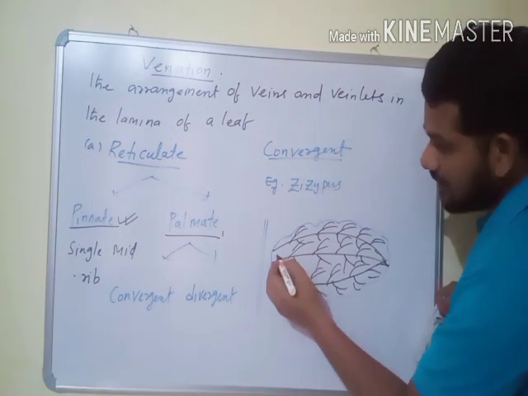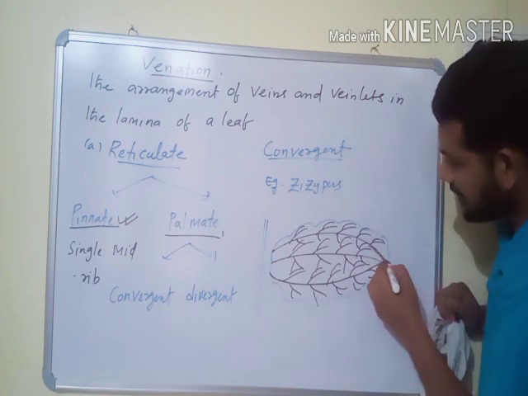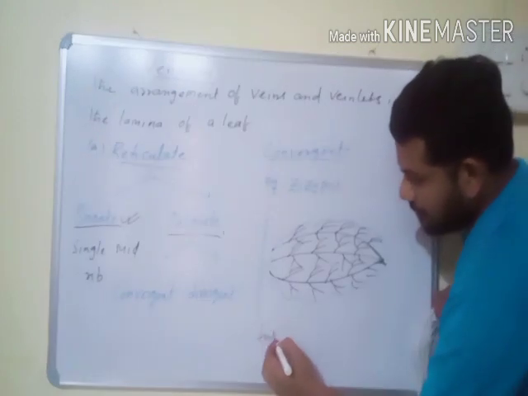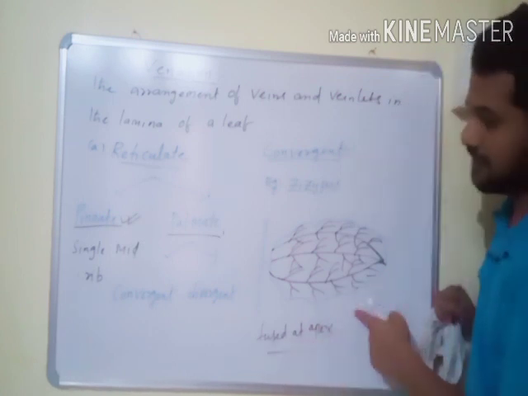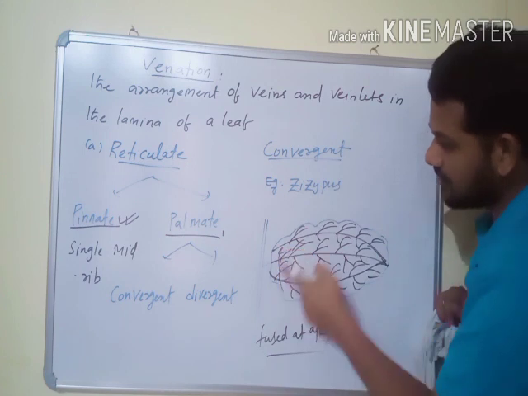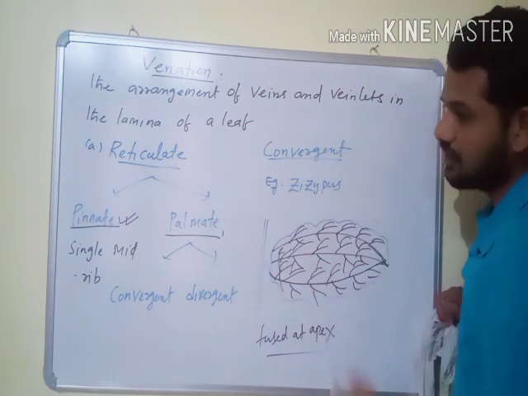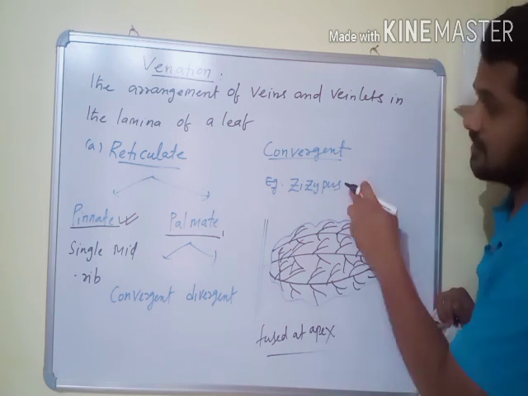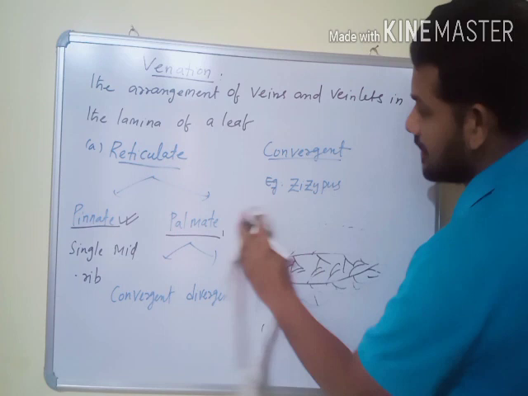The lamina possesses many midribs, but all the midribs are fused at the apex of the lamina. And all these midribs produce veins and veinlets, and all these veins and veinlets fuse to form a reticulum or network. Example, Ziziphus.